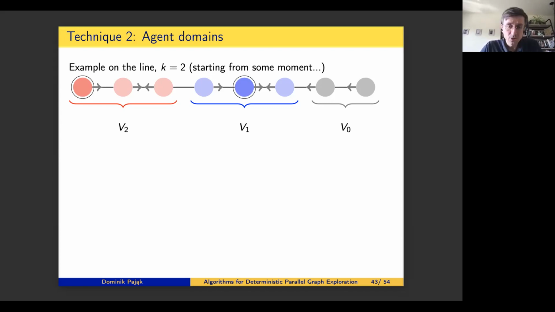So this exploration looks like this. They somehow have some sort of domains. There's a blue domain and a red domain, and they are circulating around their domains. And they are extending them by stealing these nodes from the neighboring domains.